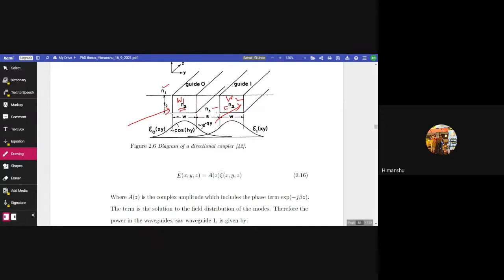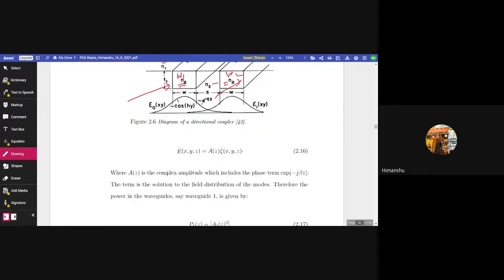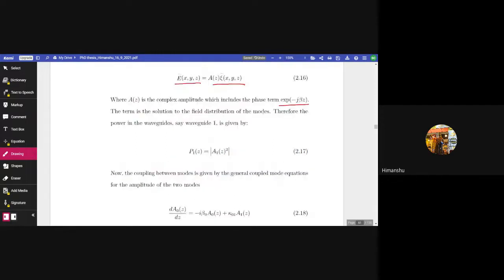Now here A(z) is the complex amplitude which includes a phase term exponent minus j beta z, where beta is the propagation constant in the z direction. The term is the solution to the field distribution of the modes.